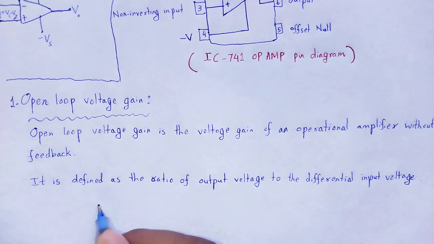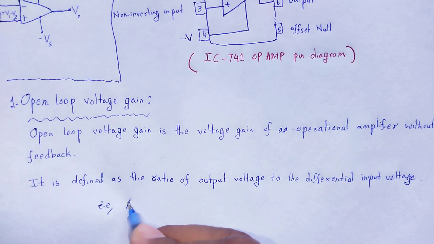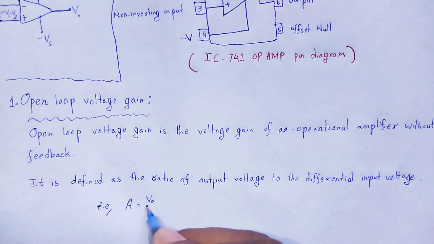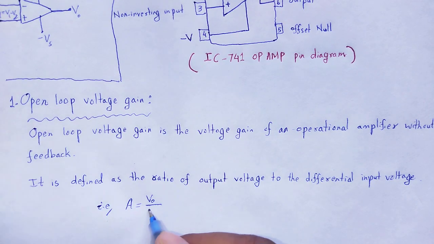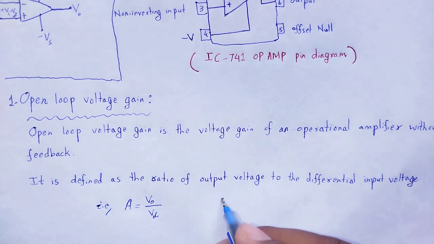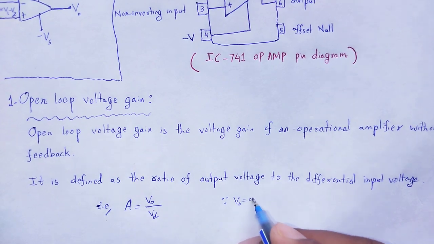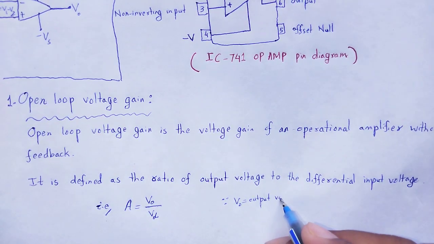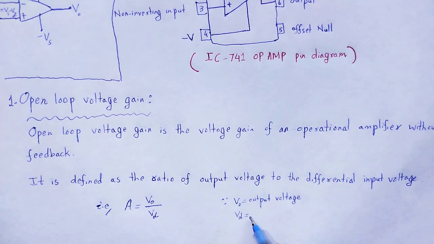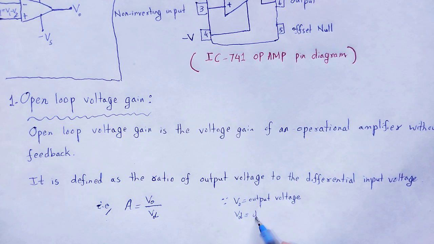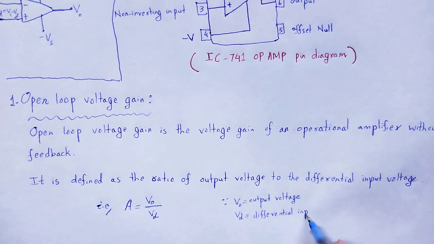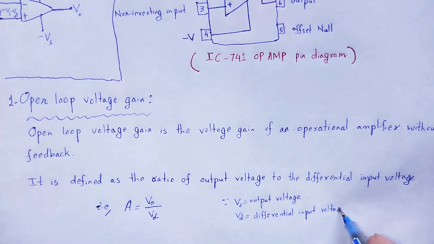Mathematically, A is equal to output voltage V0 to the difference in input voltage Vd, where V0 is the output voltage and Vd is the differential input voltage.